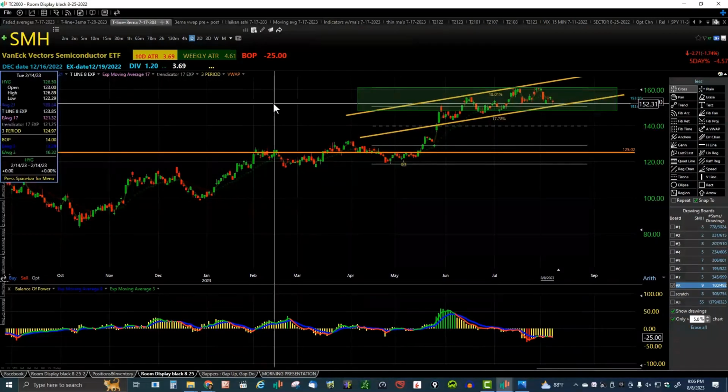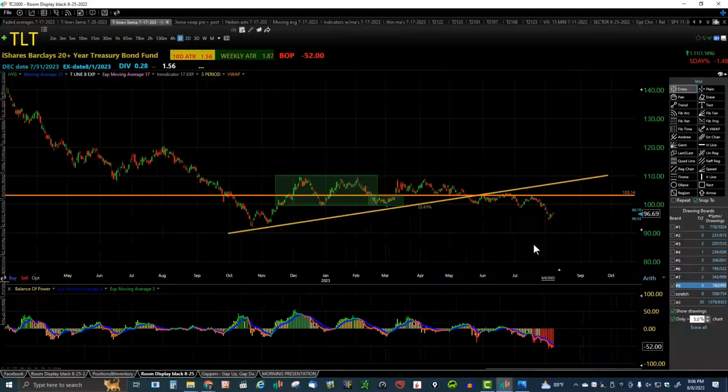All right, TLT. This is something you might not have expected. Broken uptrend right here. Looking like the beginning of a possible inverse head and shoulders. We'll have to watch and wait to see what happens. This would be the left shoulder, the head.